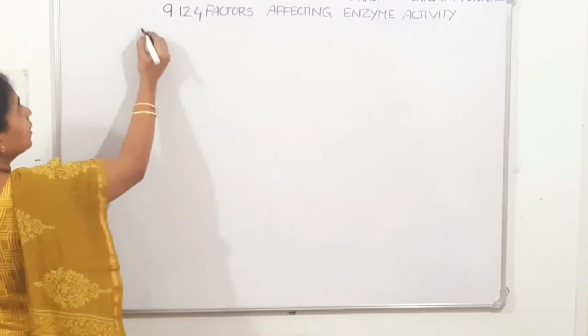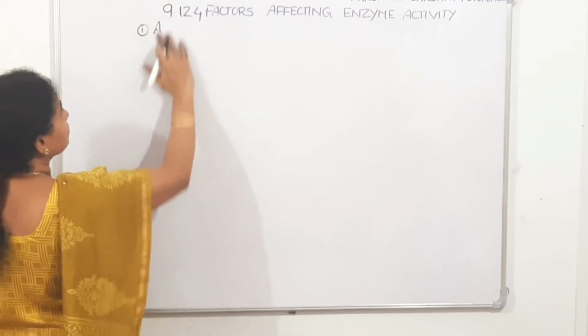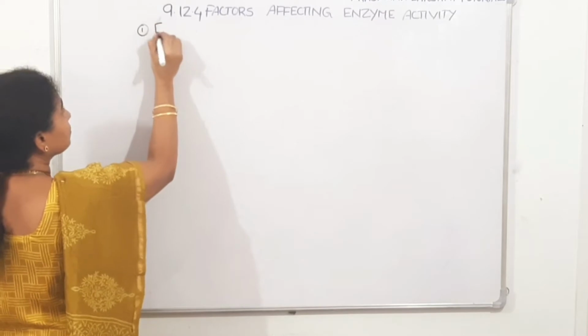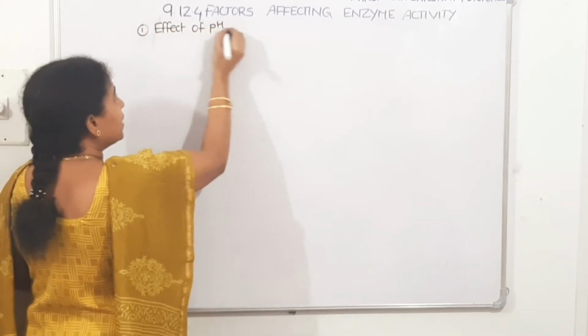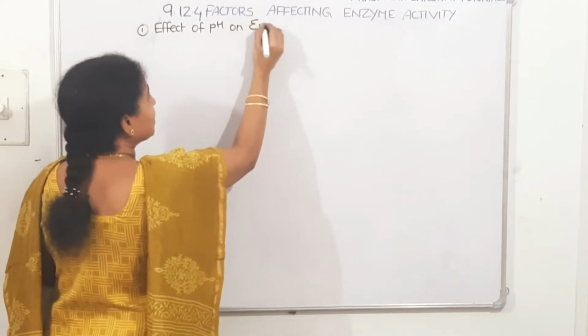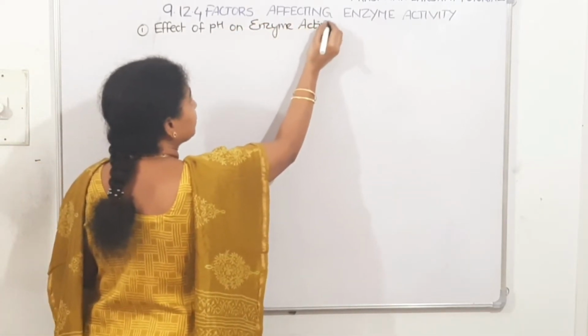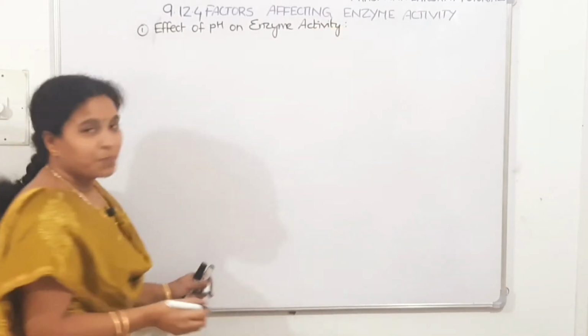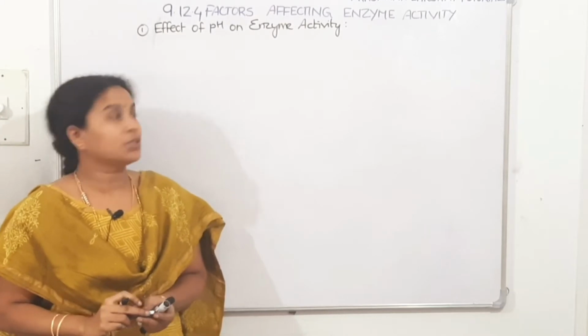The first factor is the effect of pH on enzyme activity. Now, what is pH? pH is the negative logarithm of H plus ion concentration, right?